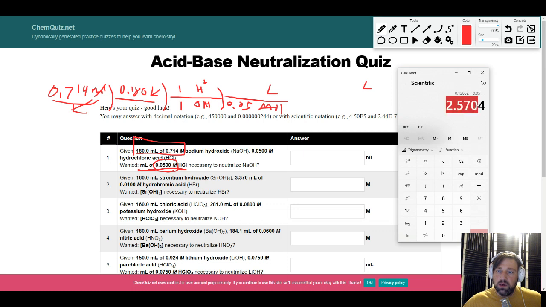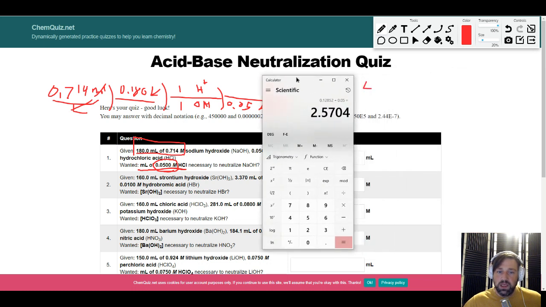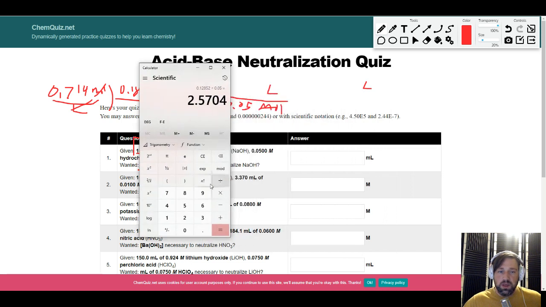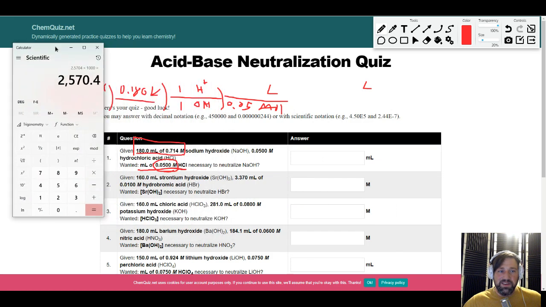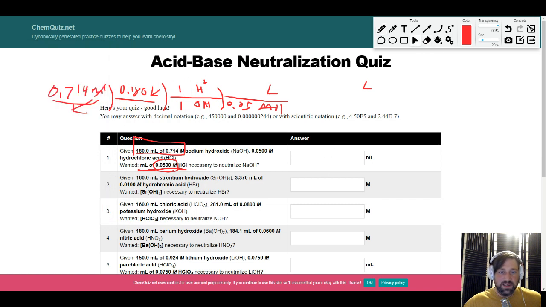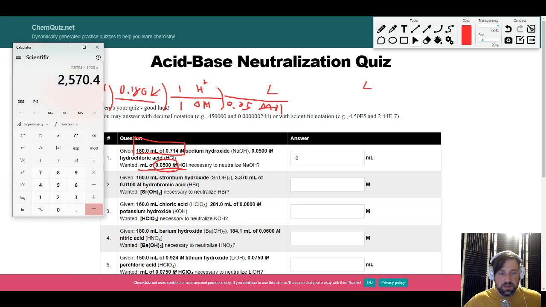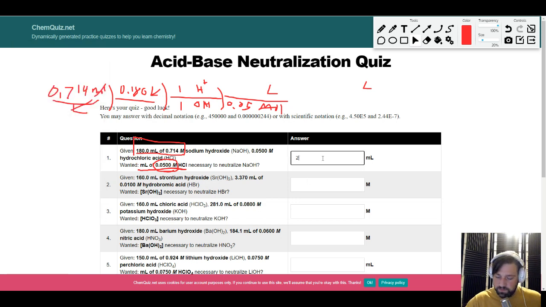We need this many liters, and they're wanting milliliters, so then we need to multiply this by 1,000. 2,570. Yeah, that does make sense. 2,570.